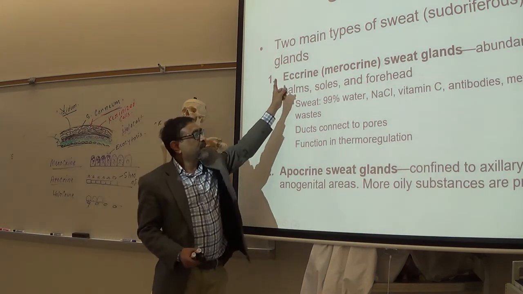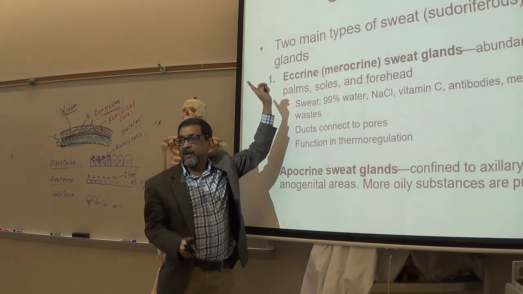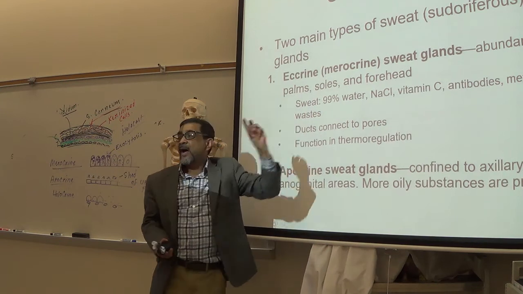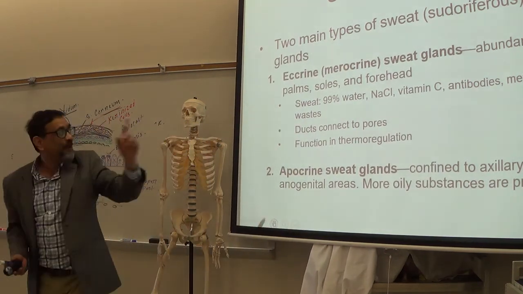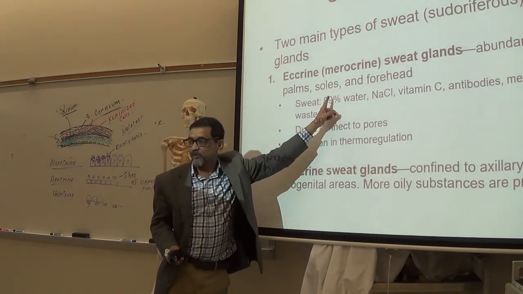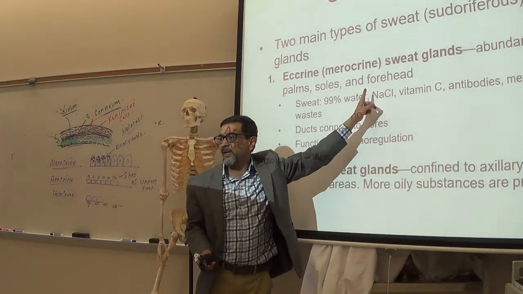Eccrine sweat gland is highly watery. 99% is water, with a small amount of salt and other chemicals.